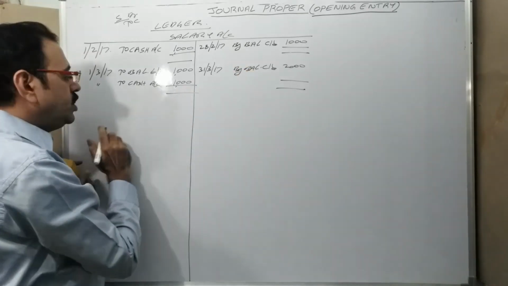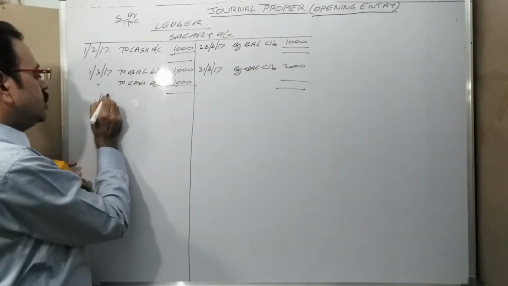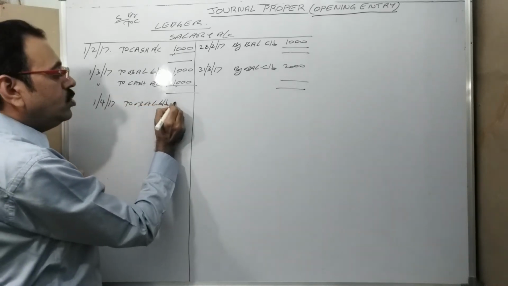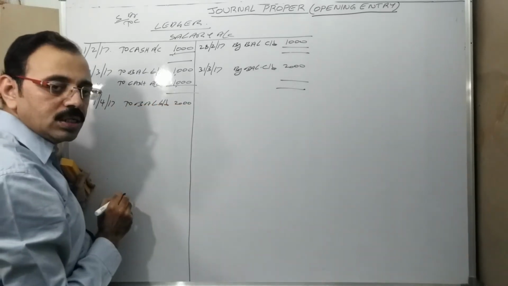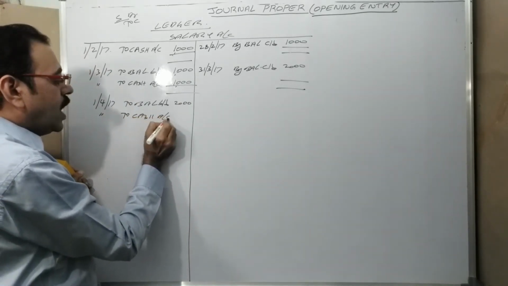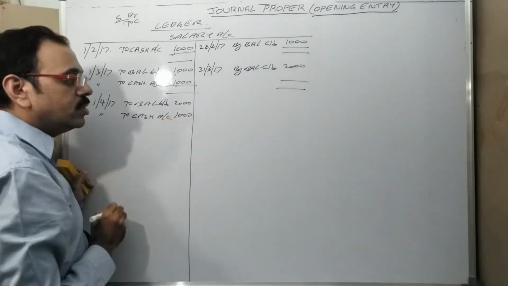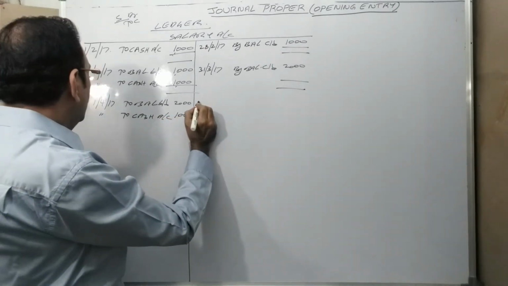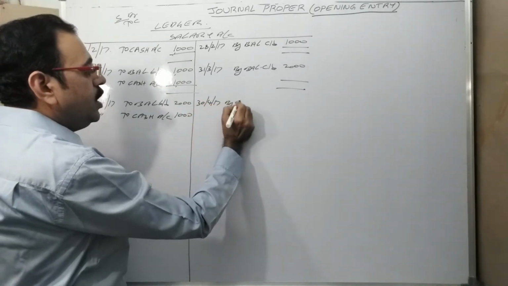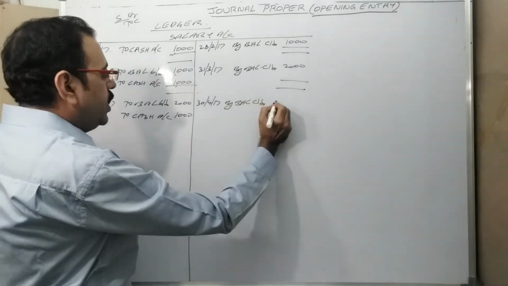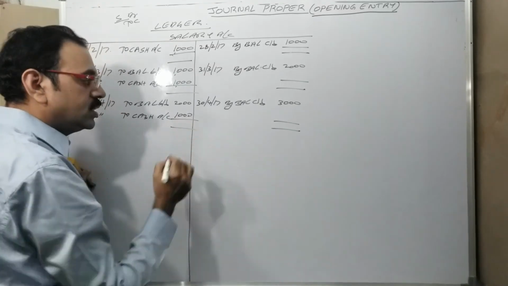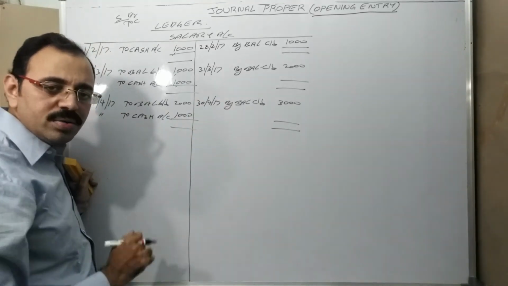Then again next month, on 1st April 2017, we bring down 2000 rupees. Again on the same day, when we pay salary, to cash 1000. Then at the end of the month, by balance carried down, it becomes 3000 rupees. Like that it goes on.